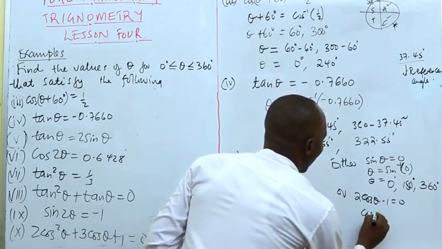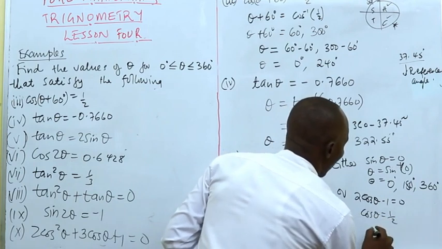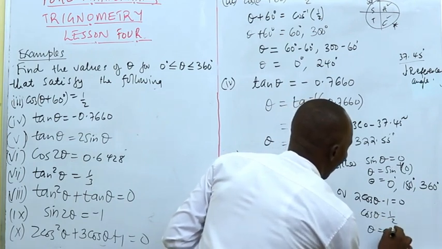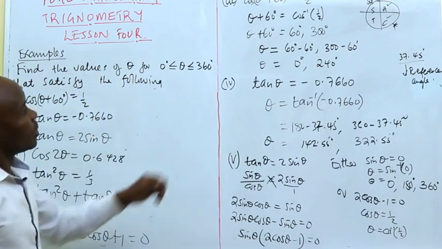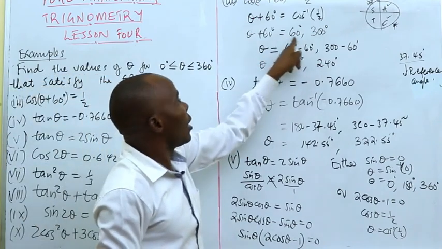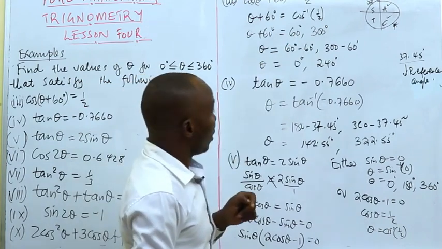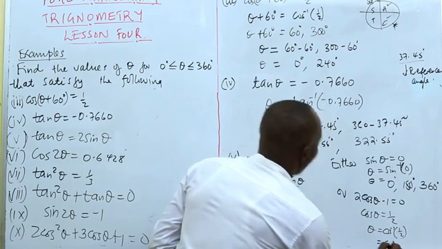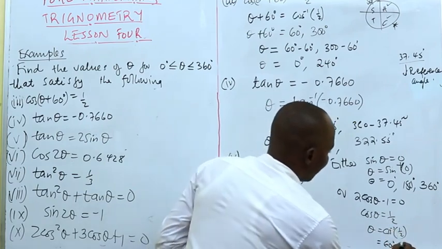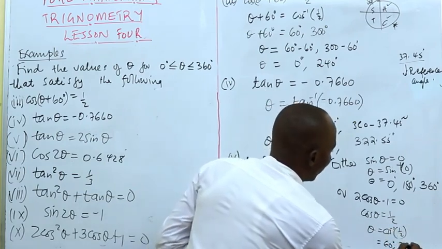In other words, cos theta is equal to a half. Or theta is the cos arc of what? A half. And indeed, the angles are still there. So we have 60 degrees and 300 degrees.